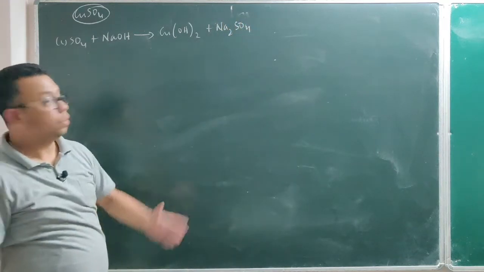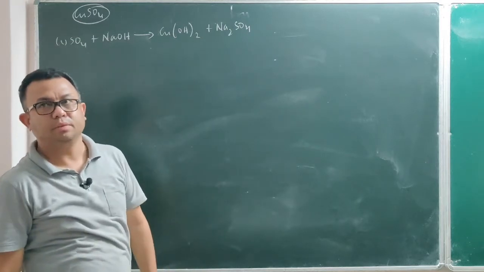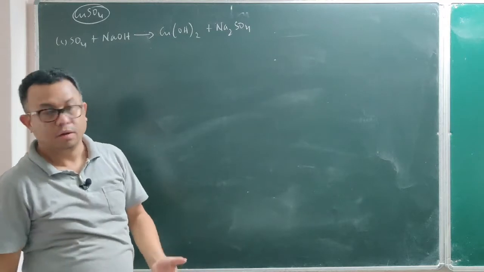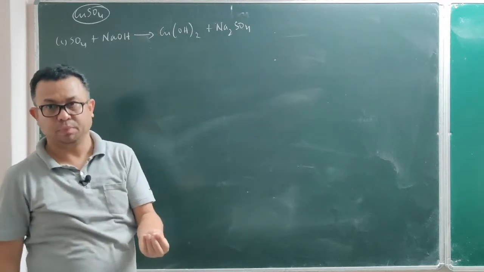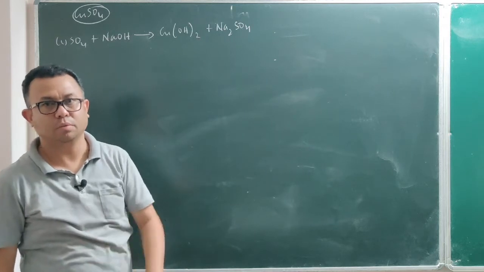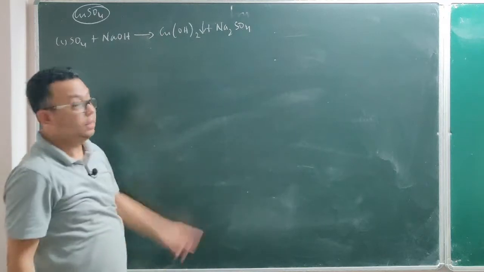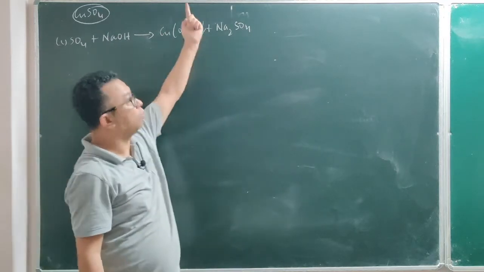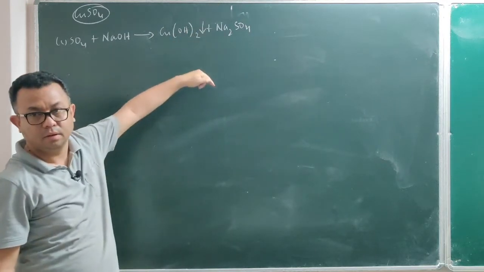Unfortunately, now you don't know which is soluble and which is not soluble. If you had done that previous chapter, preparation of salt, you could have learned what is soluble and what is not soluble for every salt. Now let me tell you, copper hydroxide is an insoluble base. It is not soluble. That is why it is a precipitate, and a precipitate is represented by an arrow down, and you know that an arrow up means gases, whereas an arrow down means a heavy precipitate.